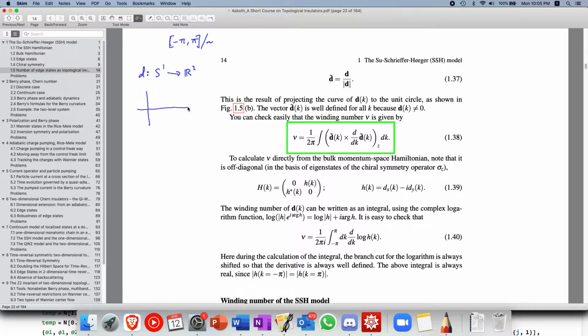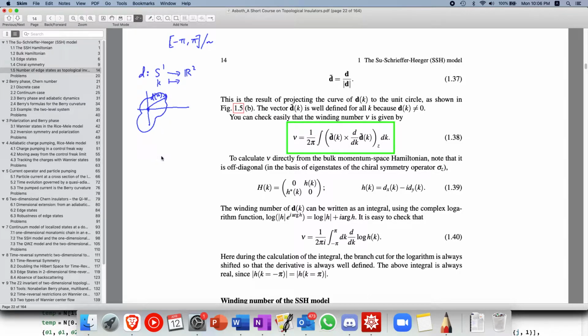So essentially the winding number here is defined as how many times this D vector winds around the origin. So we label the domain k, and then we map onto two numbers. So this is D of k, and as you vary the parameter k, it will trace out a loop, and this winding number measures how many times it winds around this origin.